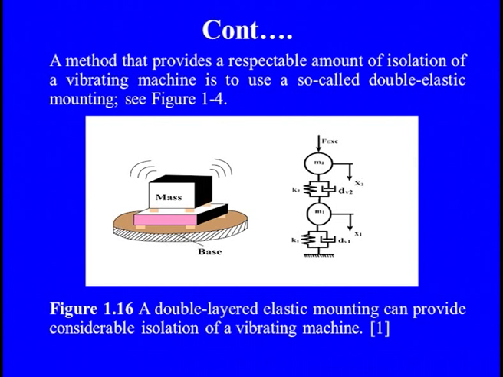Below the mass and the base, we have the damper and the spring. We can say this is simply an isolator to prevent the transmission. With this formulation, we have double elastic mountings between the mass and the base, providing both stiffness and damping together.